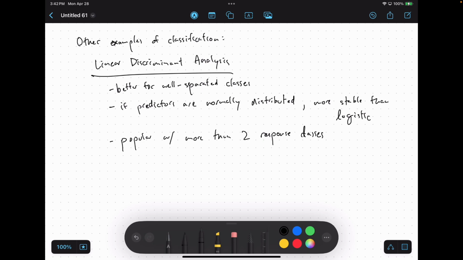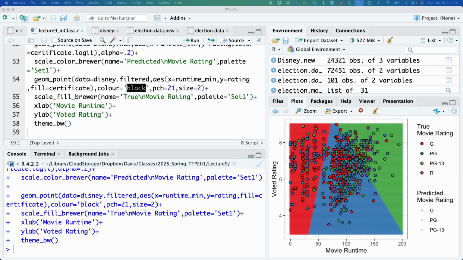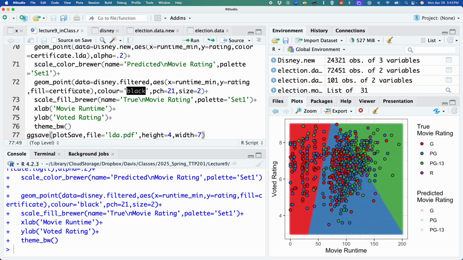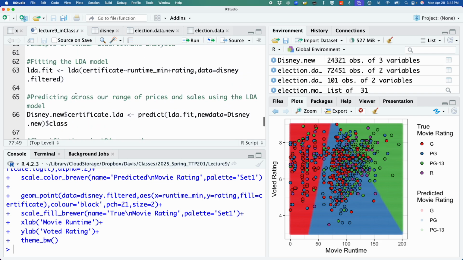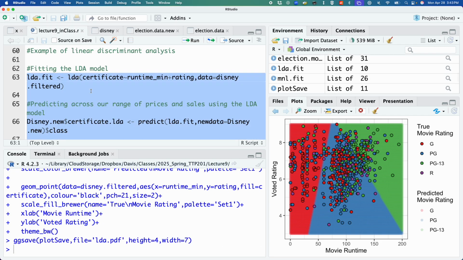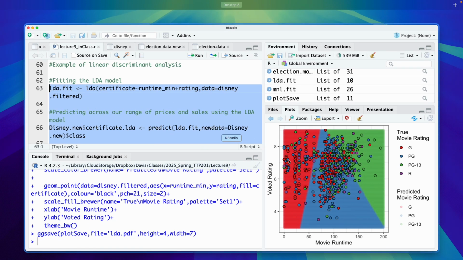Yeah, we're not really going to talk too much about LDA. I kind of mention LDA as something to add into your tool belt. And so, again, this code will be available for you guys online later. Doing the exact same thing, but using an LDA model, you end up getting results that look pretty similar.